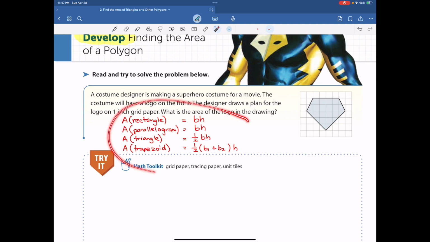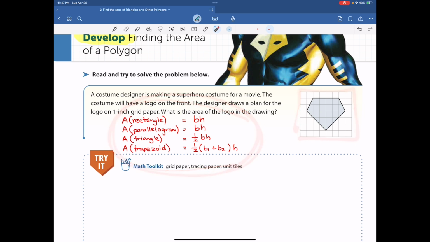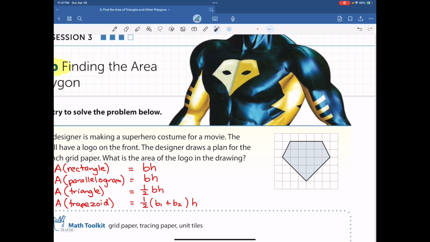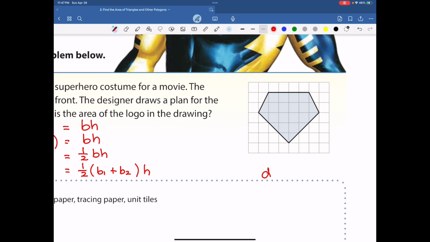So these are some basic shapes that we know the formula for area. We have not studied the area of a diamond before, but the good thing is that we can decompose this into simpler shapes. So we're going to decompose. That just means to break it up into simpler shapes.